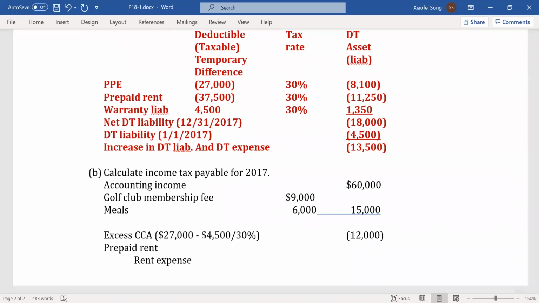So we need to put that back, 750, and the rent paid is what was deducted for tax purposes.